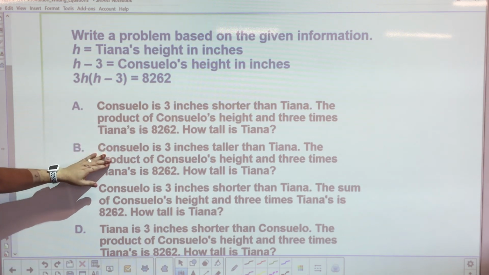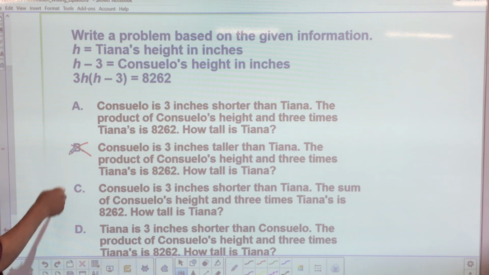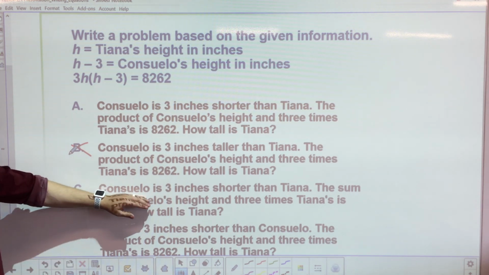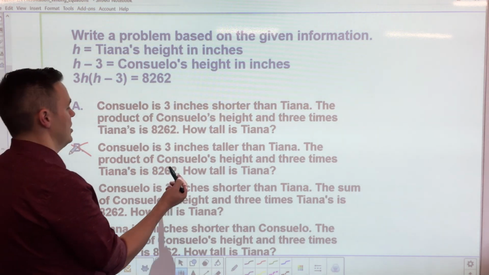Consuela is 3 inches taller than Tiana. Well, if it was taller, that would probably be addition, so that's out. So let me keep A back in mind. Consuela is 3 inches shorter than Tiana. The sum of Consuela's height and 3 times Tiana's is 8,262. Now, ladies and gentlemen, what am I looking for?